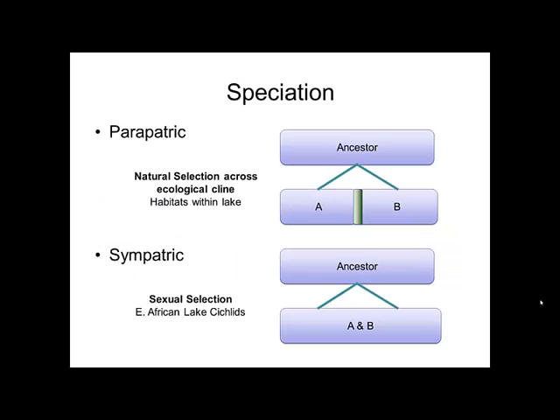But speciation can also happen in other ways as well. So we can have an ancestor, and then we might have an environmental decline, an ecological change in temperature, climate, environment.